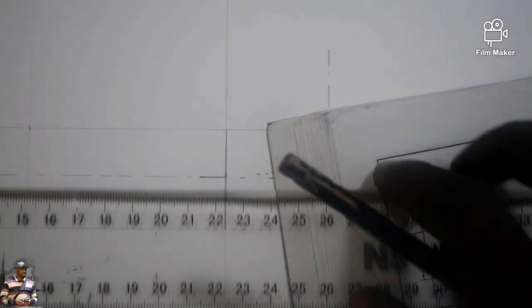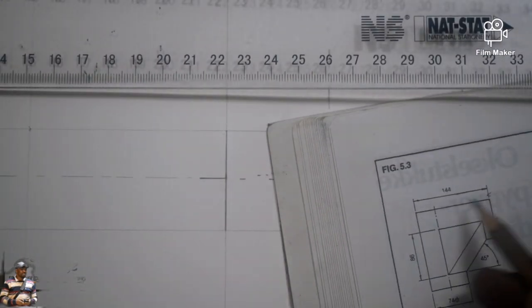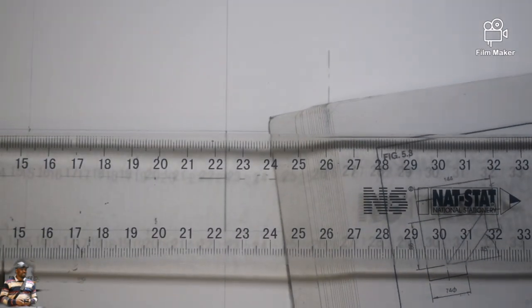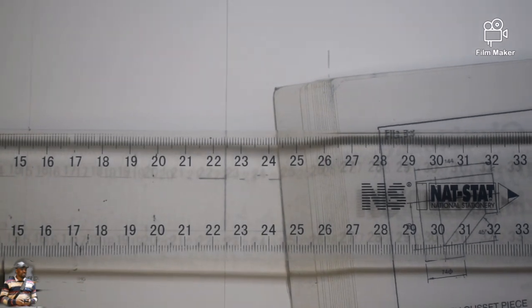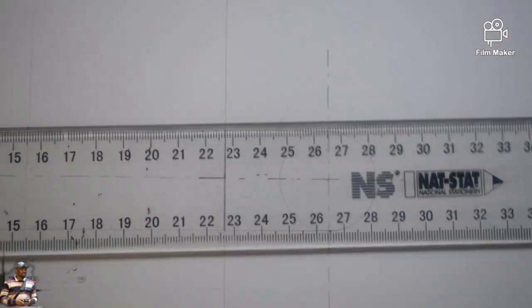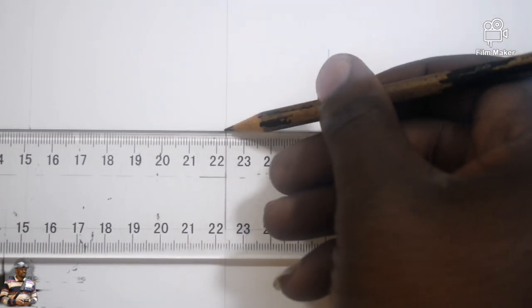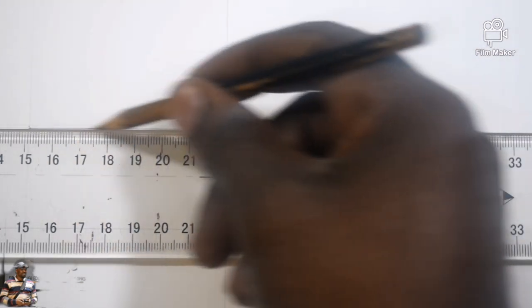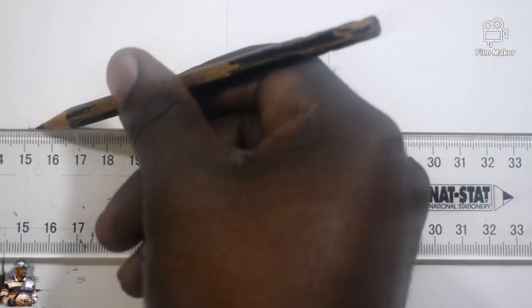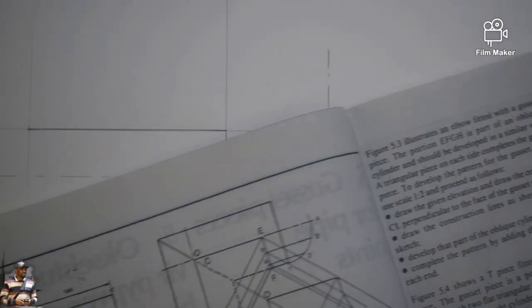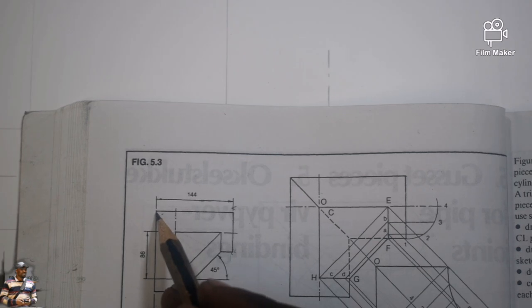So now I can have this one, which is from here till the solid side. So from here till here solid. So this point is now this one.